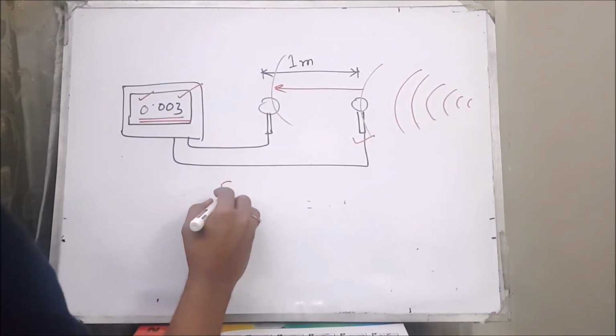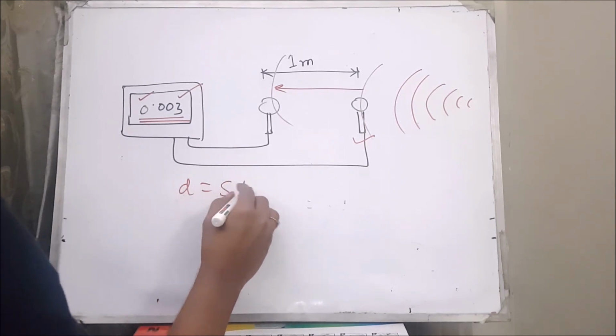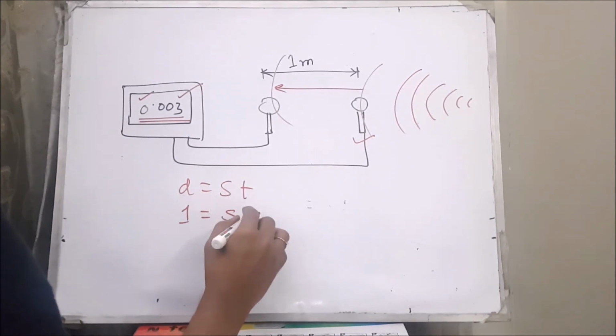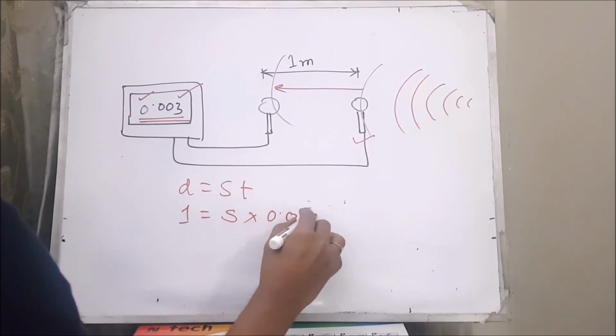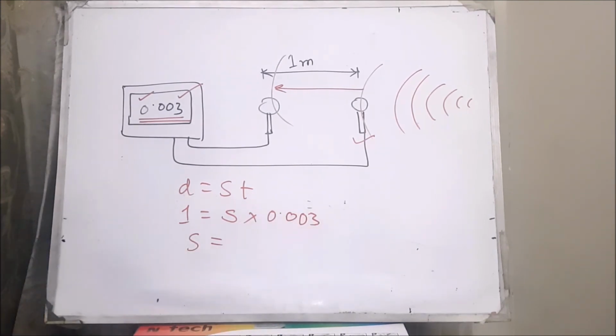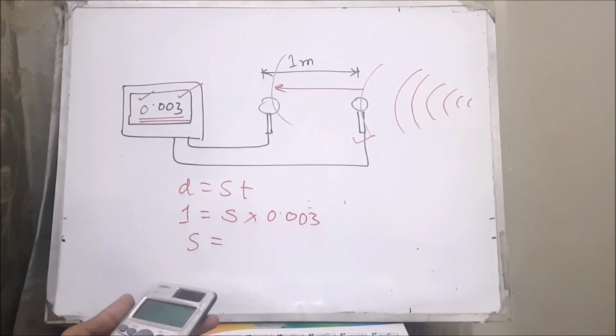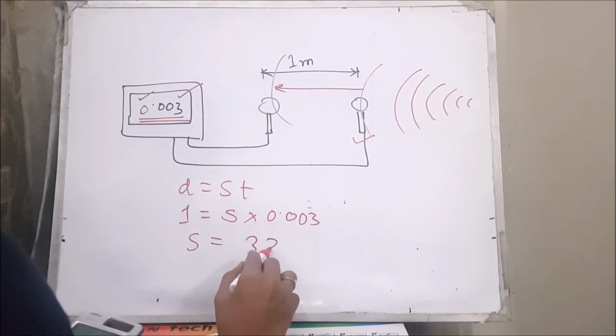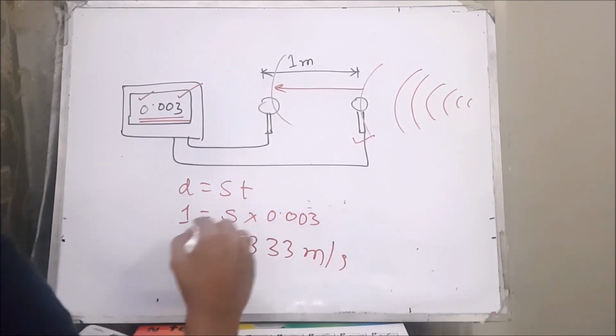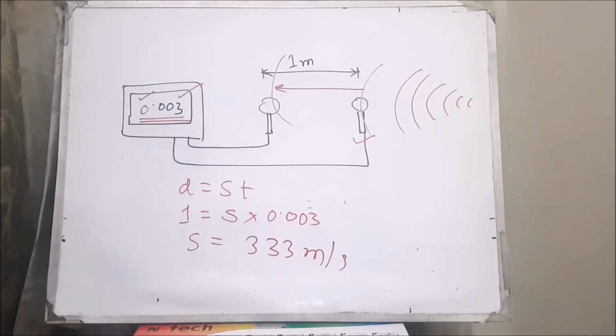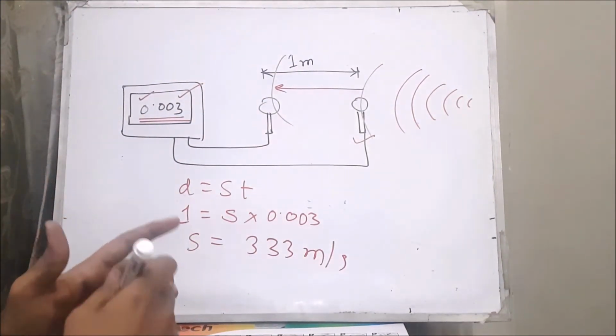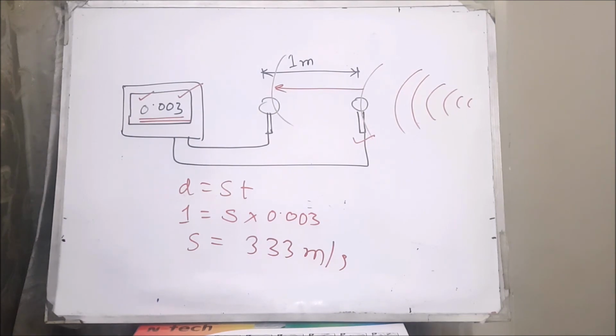Once again, using the formula, distance is equal to speed into time. Our distance is 1 meter, speed we don't know, the time is 0.003 seconds. Our speed is 333 meters per second. This is also close to the speed of sound in air. So this is another version of an experiment that you can do to measure or calculate the speed of sound in air.